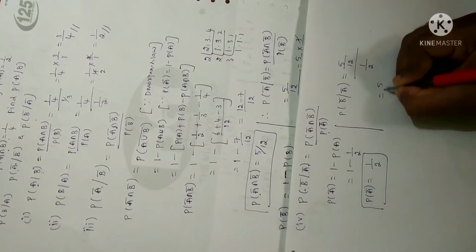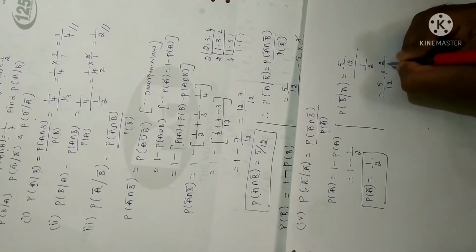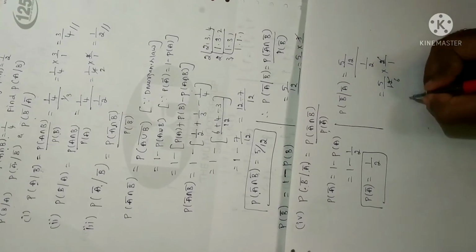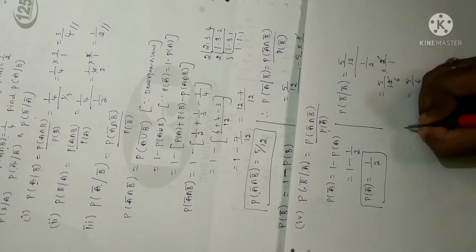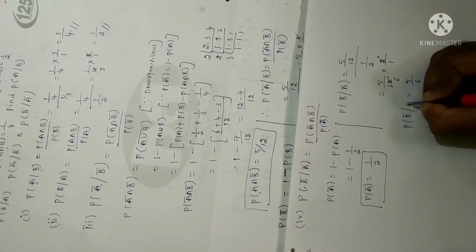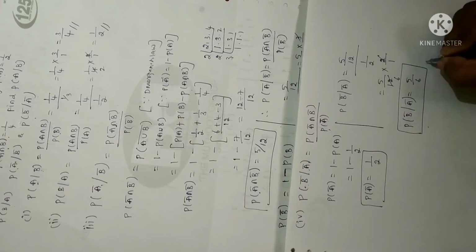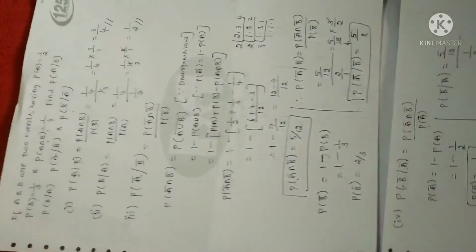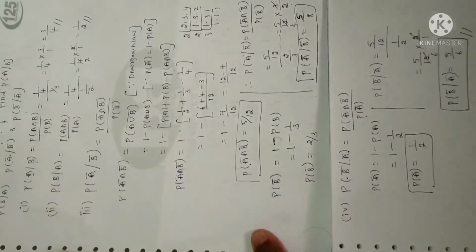So 5 divided by 12 into 2 divided by 1. So 2 ones are 2, 6 twos are 12. So it is 5 by 6. Therefore probability of B bar with reference to A bar is 5 by 6. So just go through the formula list, then only you will understand.